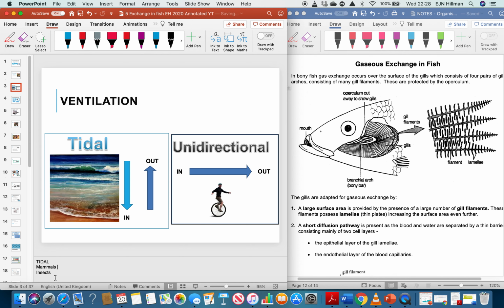We describe that in insects, where air moves in to the gas exchange surface and then moves back out again, referred to as tidal. Another method is what's called unidirectional. So uni meaning one, so moving in one direction. So the fluid moves over the gas exchange surface in just a single direction, whereas here the fluid would move in and out.